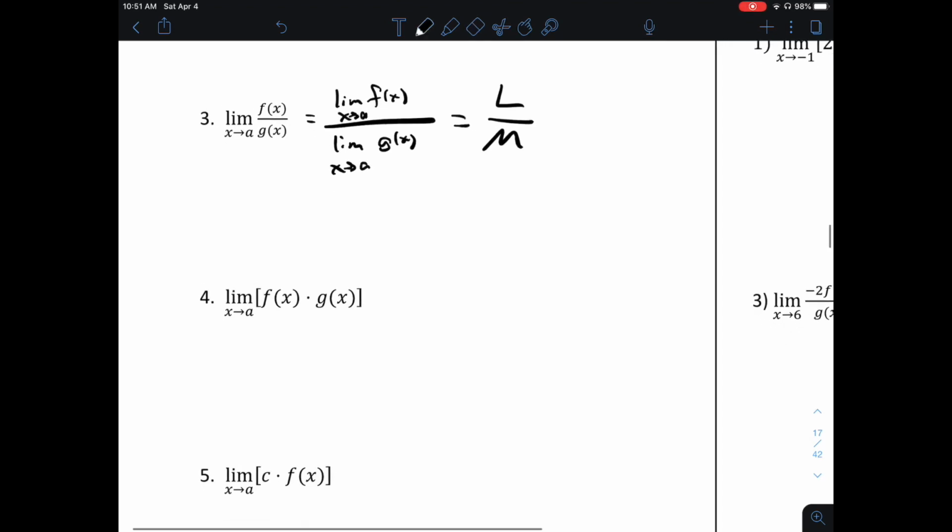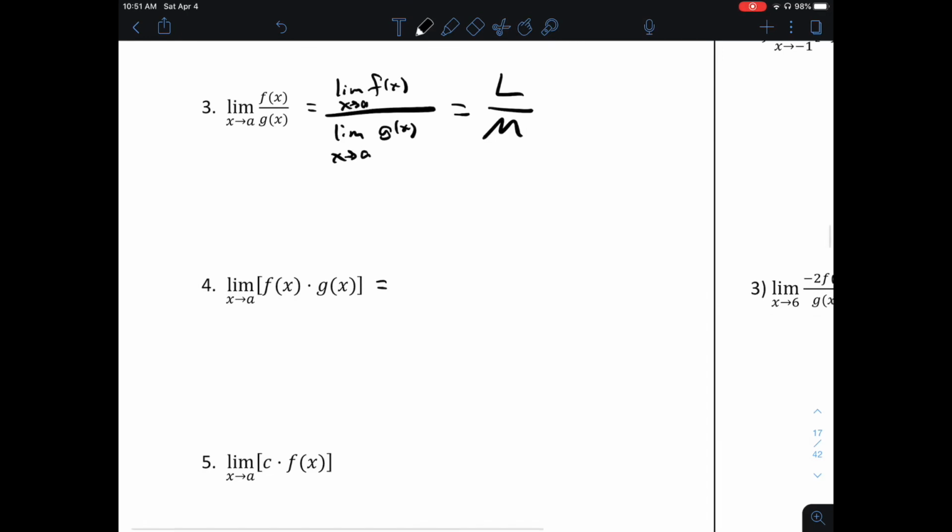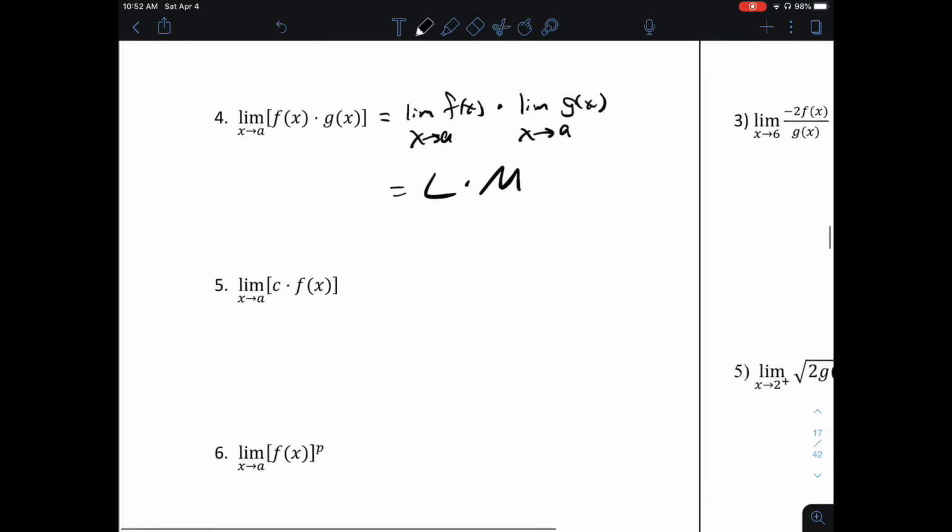If you are multiplying your arguments, you could write that as two limits, the limit of your first factor times the limit of your second factor, which in this case is L times M.